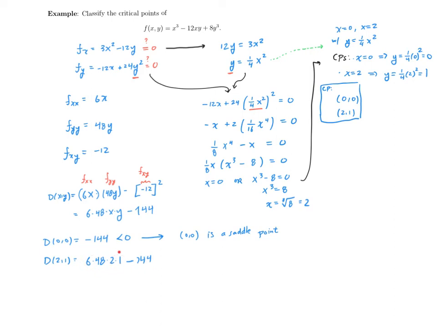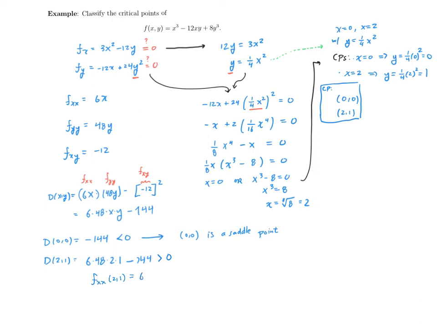I just know with certainty that this first part is larger than 144, so that this is a positive quantity. And that means that I'm going to have a local max or a local minimum at (2, 1), depending upon the value of the second partial, f sub xx, or f sub yy, whichever one you prefer.